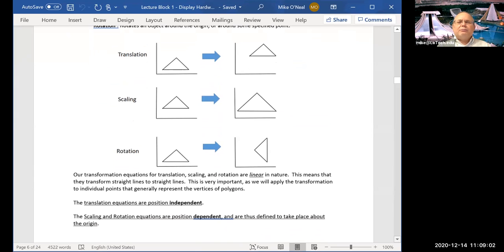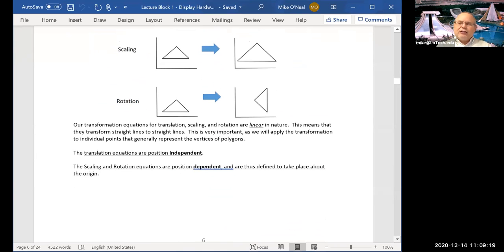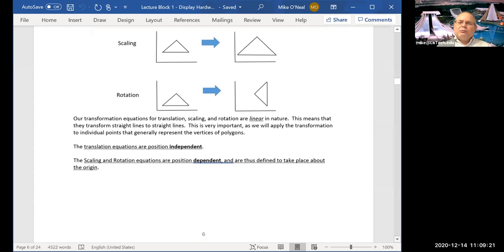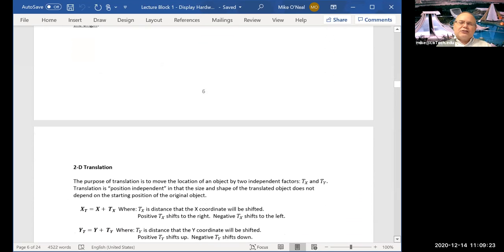In other words, if you move an object, a polygon, over 5 and up 6, it doesn't matter where it starts from, it's going to move over 5 and up 6. But if you do scaling, if the object is not centered on the origin, it'll change size, but it'll also move. And we looked at that.